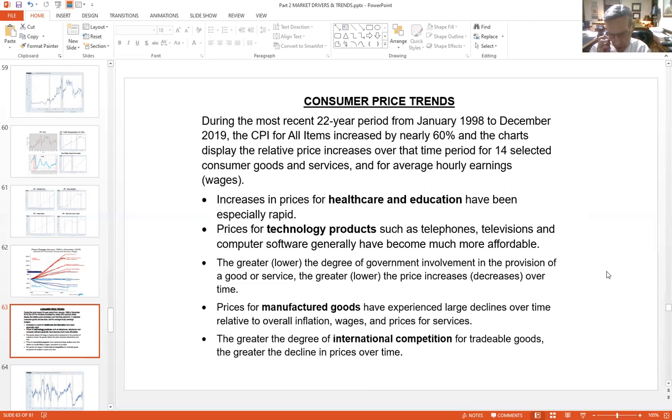To the extent that government is involved, price increases are higher. Manufactured goods, because they are often made offshore, have tended to increase more slowly or actually decrease. And of course, to the extent that there is international competition, prices decrease faster.